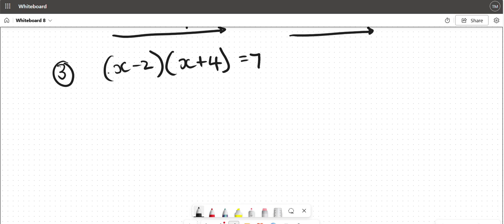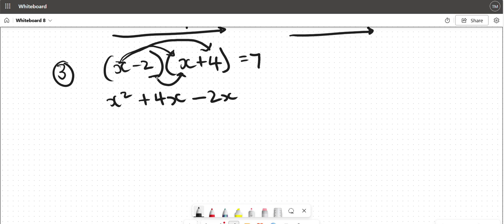Again, in this case, you definitely are going to need to multiply across in that bracket to get rid of that bracket. So x times x squared, x times 4 is a positive 4x, negative 2x, and lastly negative 2 times positive 4 is a negative 8.